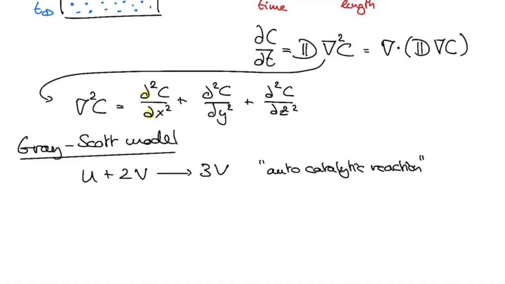If I increase the concentration of V, then the overall reaction will go faster. So this is a self-catalyzing or autocatalytic reaction. And then we have V that goes to product P. Okay, so if we would do our normal, let's call it zero-dimensional, right?